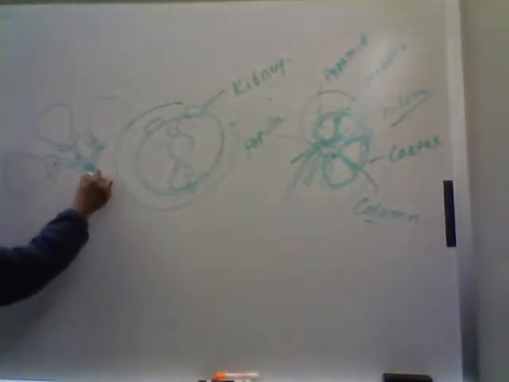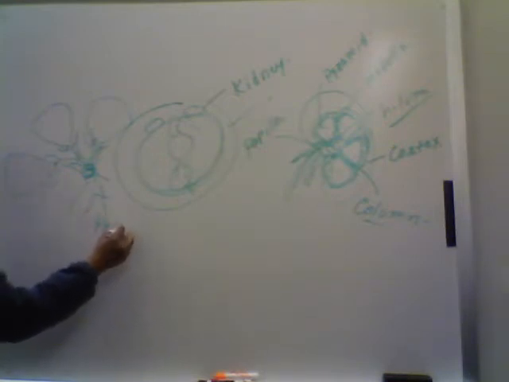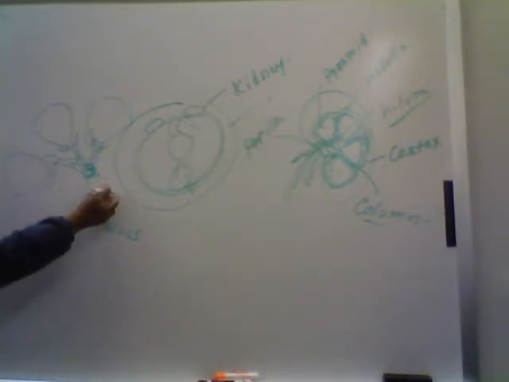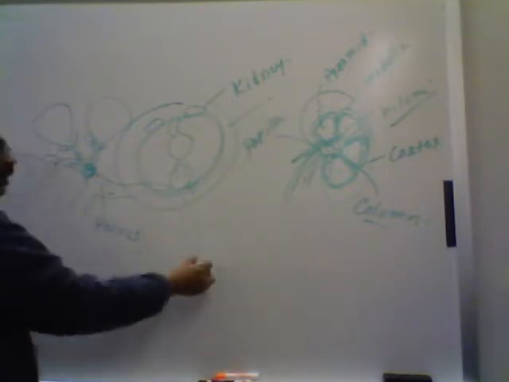Then a number of major calyces will join to form the renal pelvis. They will give the urine to the renal pelvis, and from the pelvis, the ureter will take the urine out from the kidney. Now let's see here. So what happens from the papilla? Urine enters into the minor calyces. These are the minor calyces, and from minor calyces, urine will go to the major calyx.